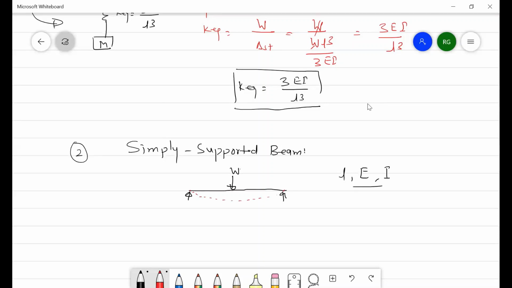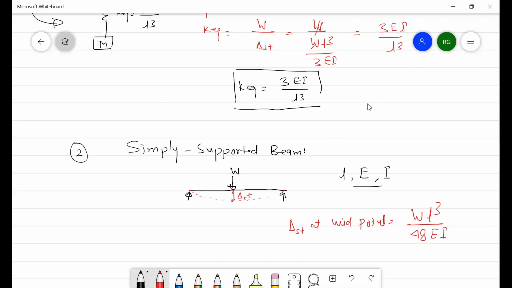So we can find this delta ST at the midpoint of this beam. Delta ST at midpoint or mid span is given by WL cube over 48 EI for a simply supported beam.